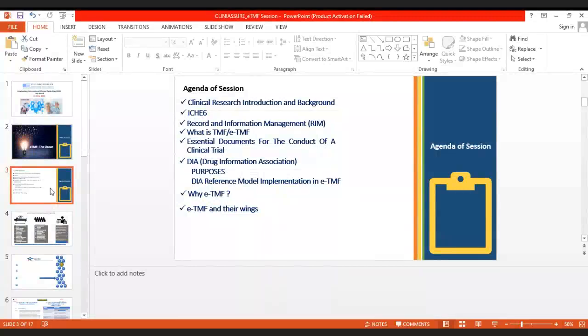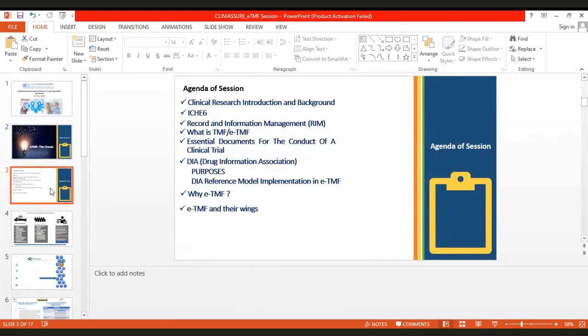And after that, what is TMF, eTMF? Then essential documents for the conduct of any clinical trial, and then DIA, Drug Information Association, their purpose and their reference model implementation in eTMF. Then why eTMF is required, and what are all the eTMF wings.